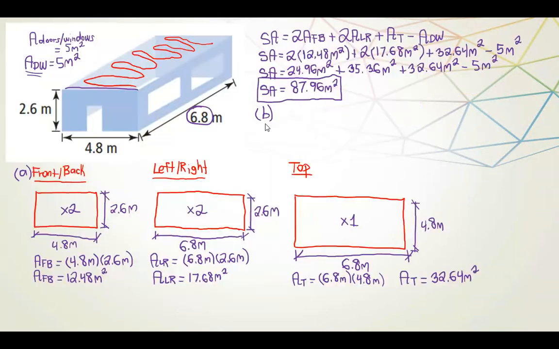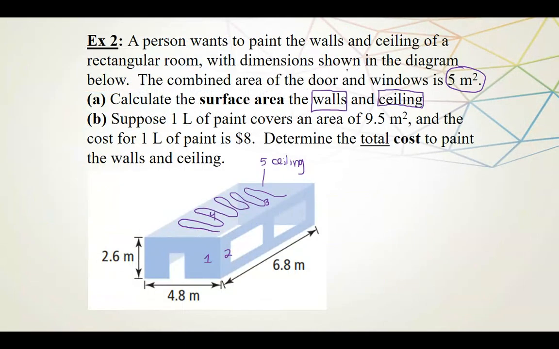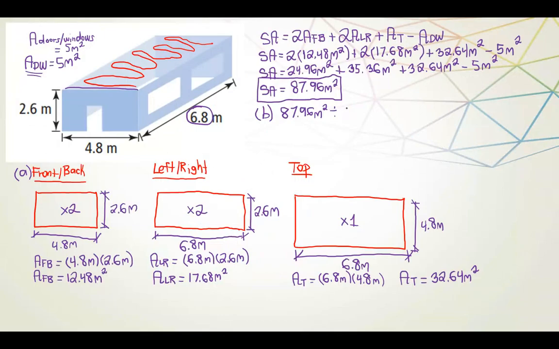So what I'm going to do is take my surface area, which is 87.96 meters squared, and divide that by this number here, because 1 liter of paint covers 9.5 meters squared. So divide it by 9.5 meters squared per liter.